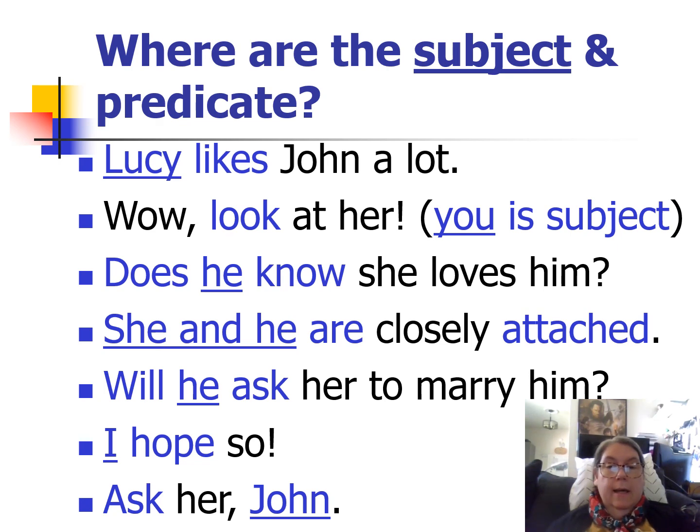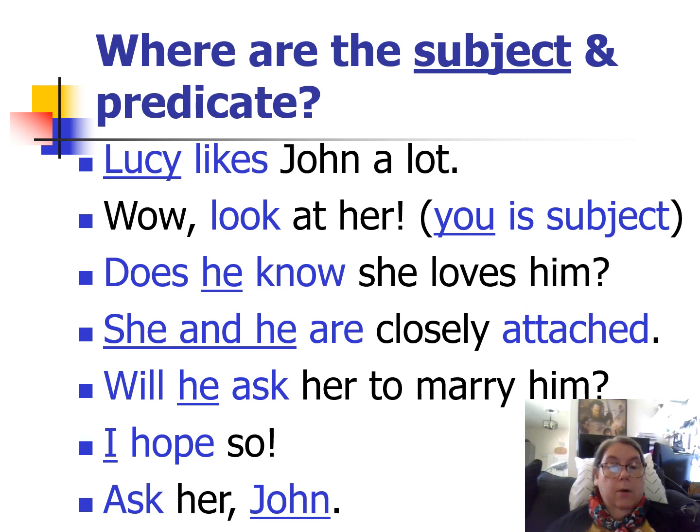She and he, subject here, are attached. And I have an interrupting word here. That's an adverb. "Will he ask her to marry him?" He is the subject and will ask. And never mark a verb after the word to, because that cannot be the predicate.